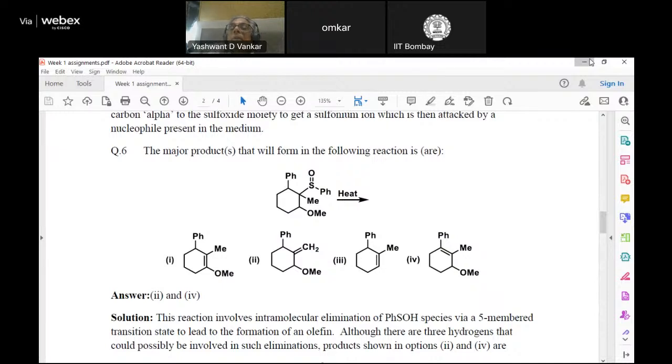TMEDA will react with the osmium tetroxide, right? No, I don't agree with you.